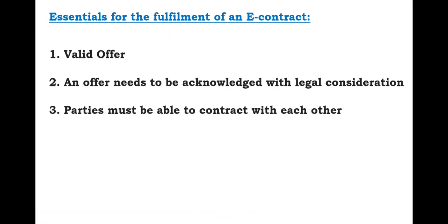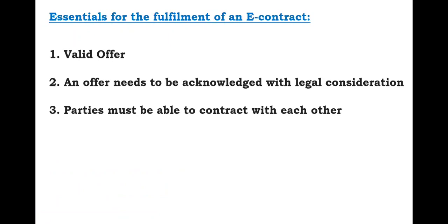And third one is, parties must be able to contract with each other. See, in online contracts, as there is no real-time connection, it is important to note that there should be a confirmation that both the parties are humans, as computers are not able to enter into a contract.